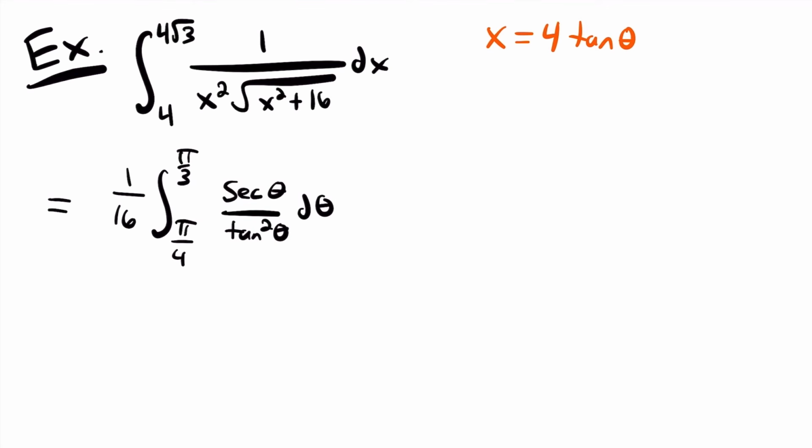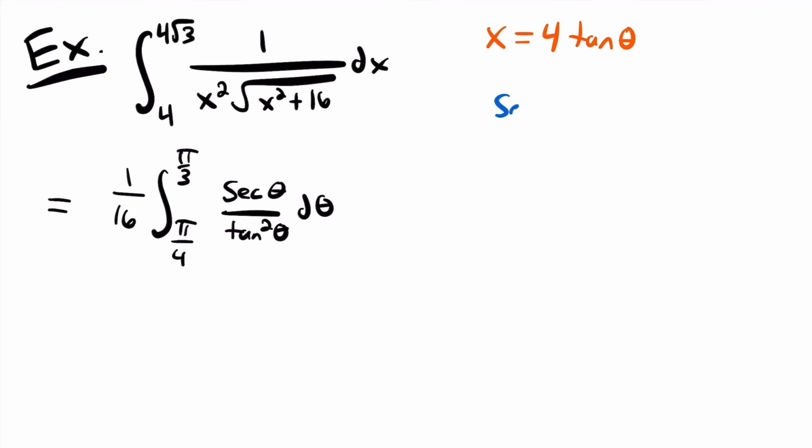Now in this case, it's not going to be helpful to rewrite tangent squared theta with our Pythagorean identity. We just have secant squared theta minus 1. And that's not really going to help us simplify anything. And so instead, what we want to try to do is rewrite secant theta and tangent squared theta in terms of sine and cosine, and hopefully that will allow us to see how we can solve this integral.